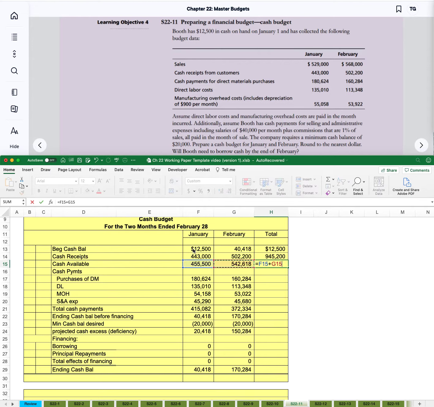If you add together across the row, don't add across the row, we're totaling down. So our cash available is this beginning 12,500 plus the 145,200, and we get 957,700.